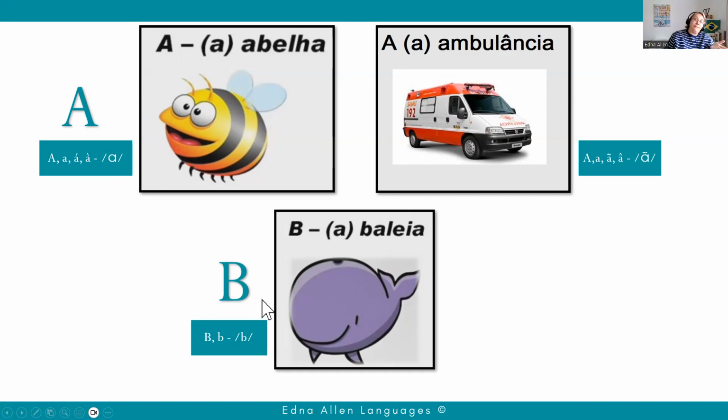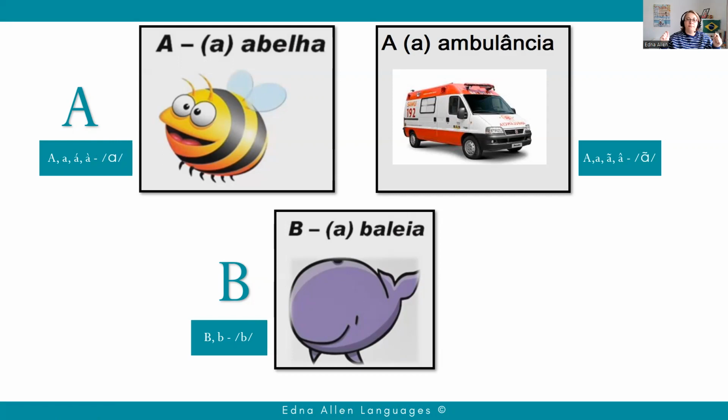So you can see that with a B, there's nothing much special about that sound. There's nothing extra we have to comment. With A, we do. We gotta remember that it can be an open sound, like when you open your mouth a lot more and you do A abelha. But it could be nasal. Ambulância.